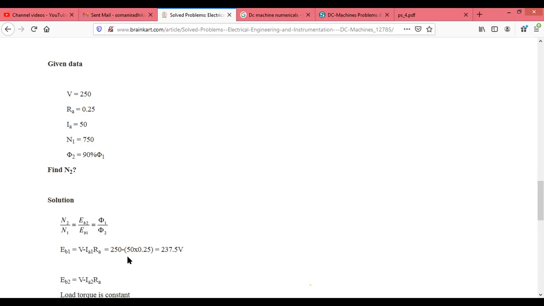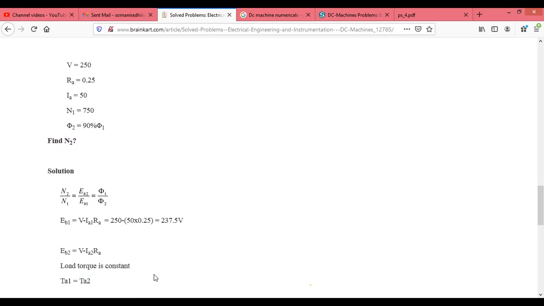We have all the values, you can solve. Voltage they have given 250 volt, IA they have given 50, RA they have given 0.25. If you solve, you will get the EB1 value. For the second condition, we have the equation V minus IA2 RA, but they have not given the IA2 value. But what we are saying is load torque is constant.